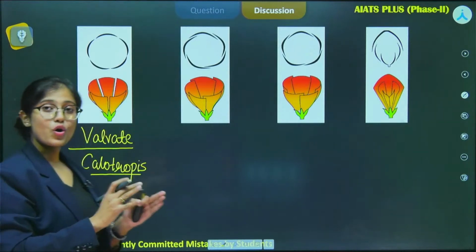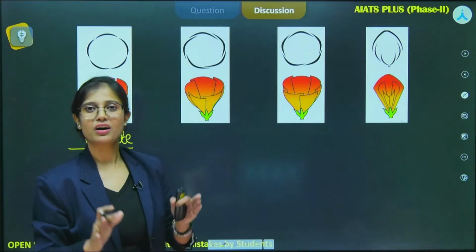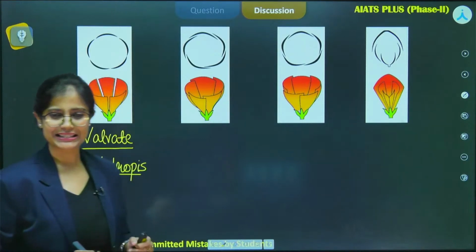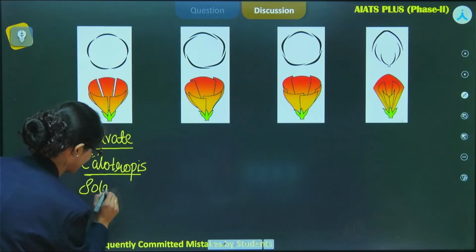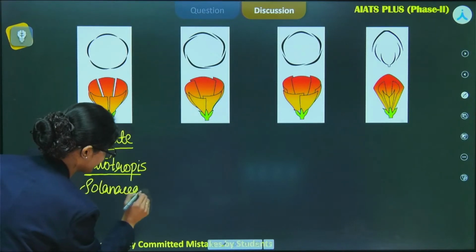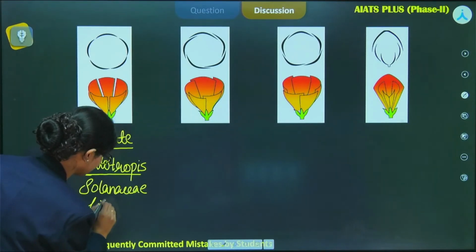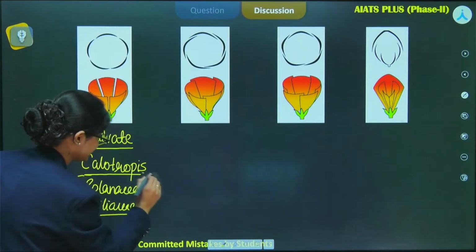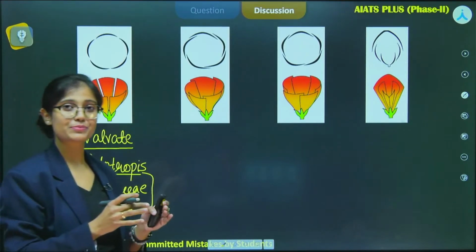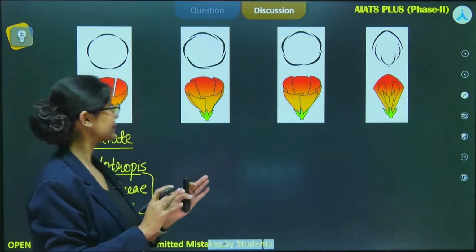It is also observed in the members of Solanaceae and Liliaceae. So, see, this is how we learn the concept, or we join the concept, either way.